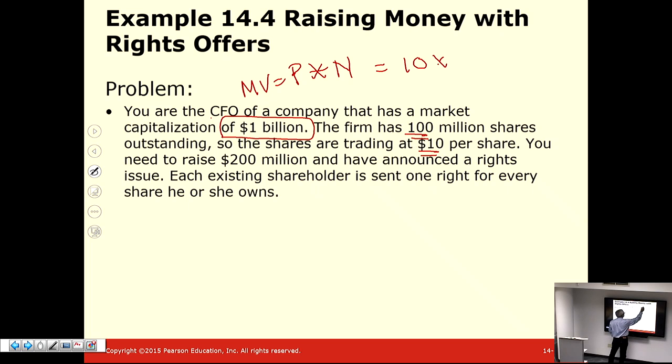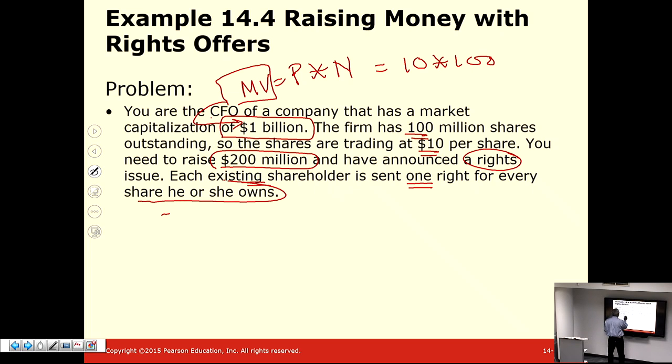So $10 per share, 100 million shares, that gives you a market valuation of $1 billion. Now you want to raise an additional 200 million, but you want to raise it through a rights offering, which means each existing stockholder is sent one right for every share he or she owns.